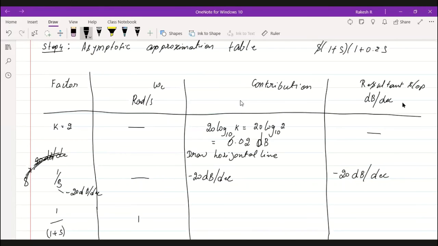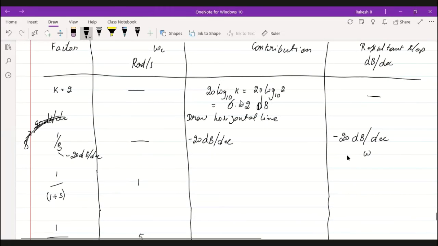Now when you write the resultant slope, you need to give the range of omega. It should start from 0 and it should end at the next corner frequency. What is the next corner frequency? It is 1 here.